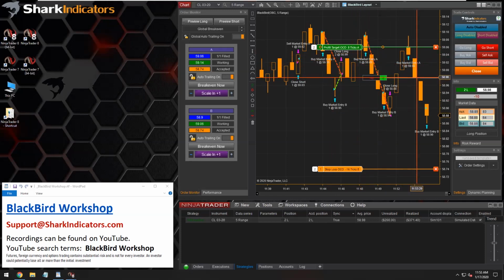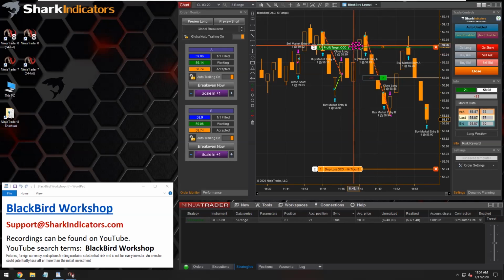Okay, hey, this time it worked out perfectly. So the profit target for B actually landed on the entry price for A. It looks like order B got filled exactly at 16 ticks there, and so our profit targets landed on top of each other perfectly this time.